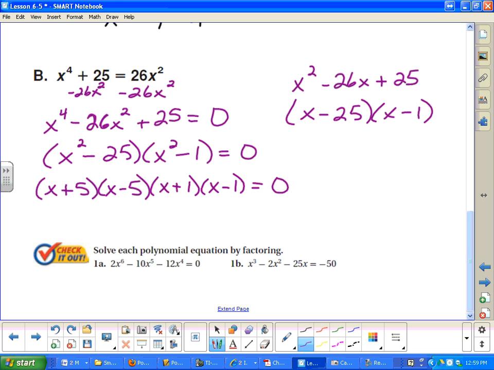Okay, so I've factored it completely, and so now my zeros are just the opposites. So x equals, and you could write it like this. There's a positive and a negative 5, positive and a negative 1.